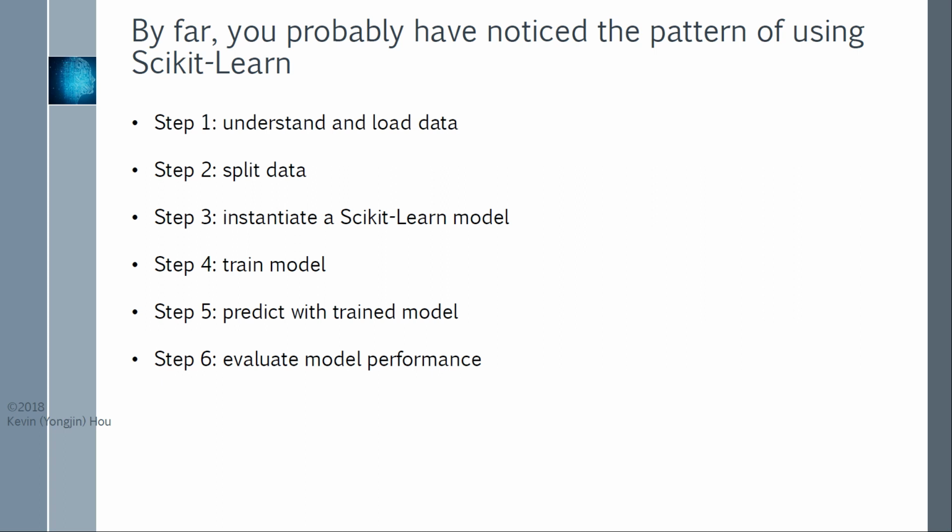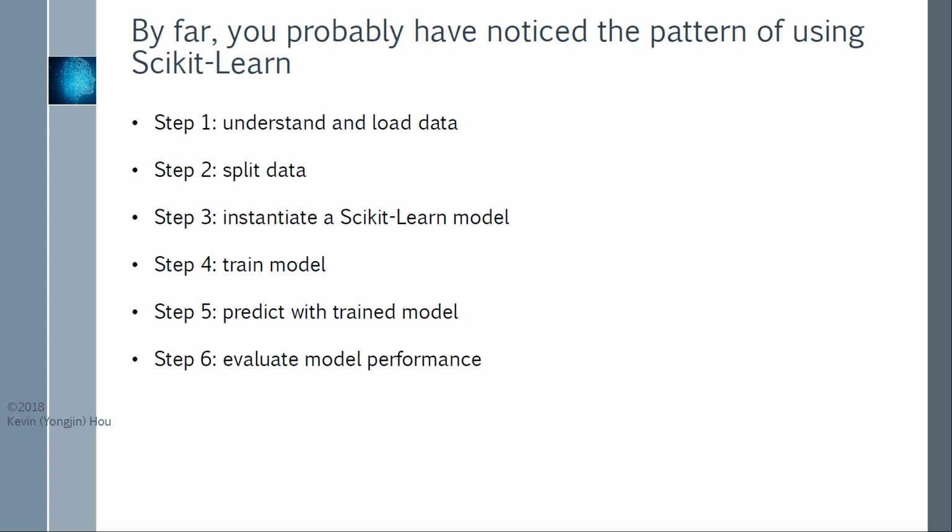The fifth step is we'll make predictions using the model that we just trained at step 4 using the training data, but now we apply the model to the test data. The last step is we want to evaluate the model's performance based on the predictions on the testing data and the actual values of those testing data we know ahead of time.